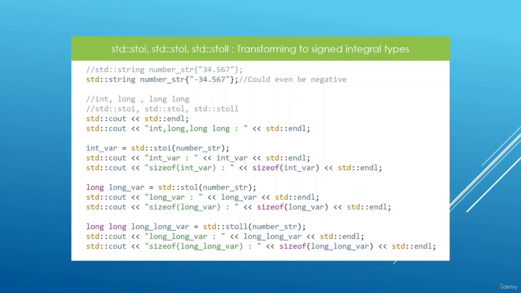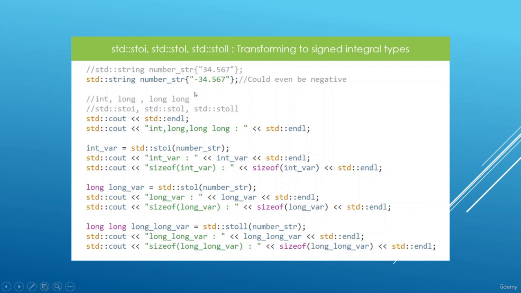Here you see how you can transform from a string to an integral type like integer, long int, or long long int. std::string number here is a variable that is going to hold our input string. We can put in a representation of a number, but this is going to be a string. Notice that it is between double quotes. So this is going to be a string literal we are using to initialize our std::string variable here.